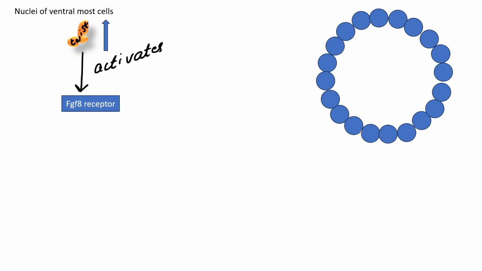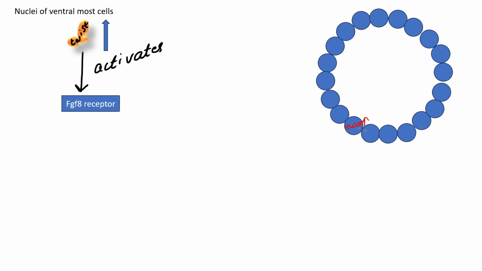Because of the high concentration of twist, which gene gets activated? The FGF receptor gene. The FGF receptor gene got activated and it expresses and forms the FGF receptors in these 16 ventralmost cells.